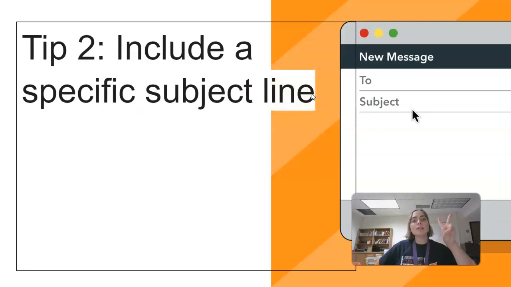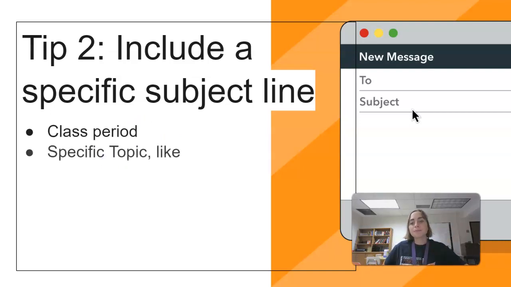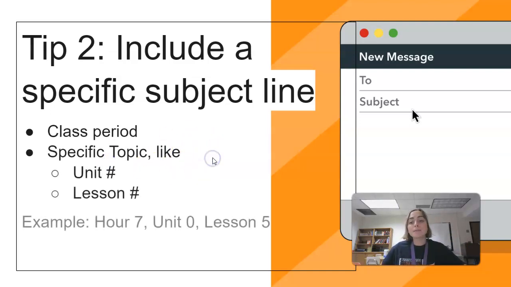Tip number 2 is include a specific subject line. So in an email, there's always going to be a subject that lets the person know what this email is going to be about. In your subject line, it'd be great to include your class period, a specific topic, maybe the unit number that we're working on, the lesson number.